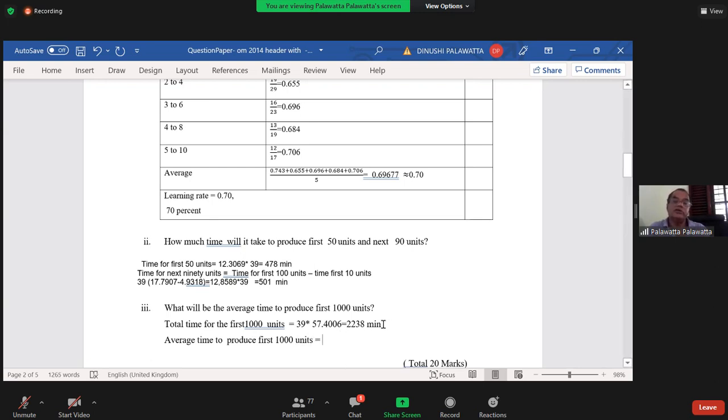Because we divide this number by 1000, you get 2.238, so 2.24 minutes. So this is the answer.